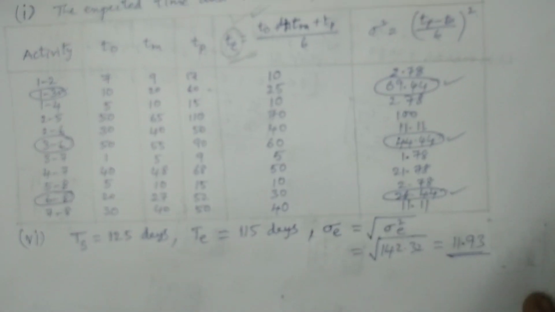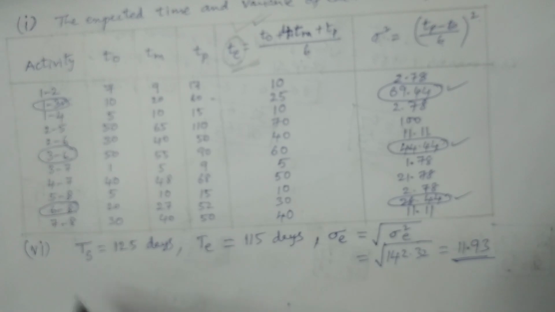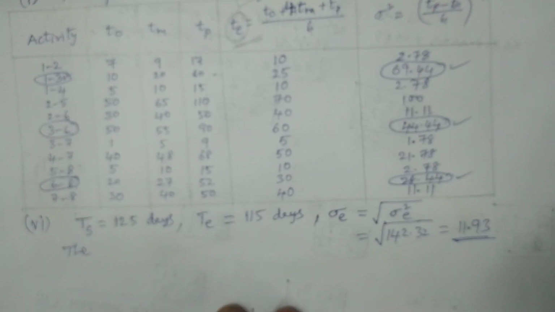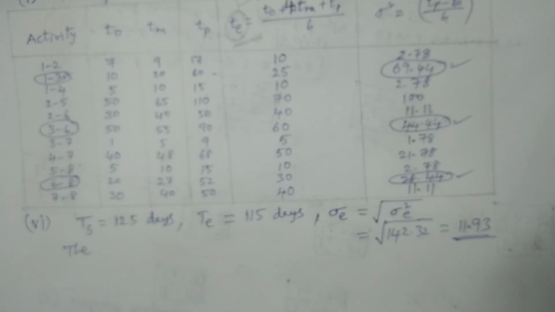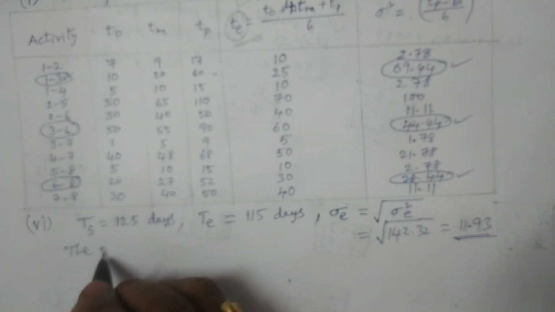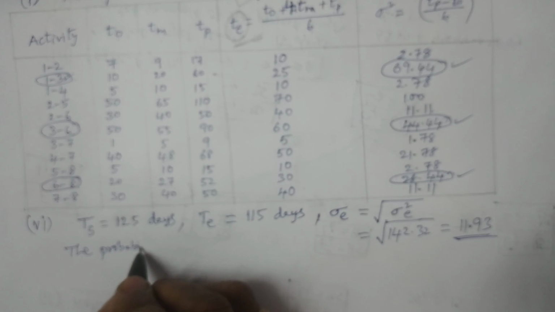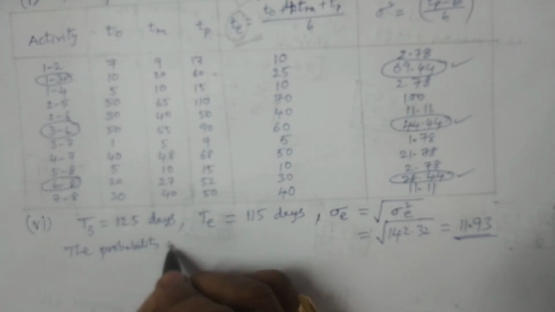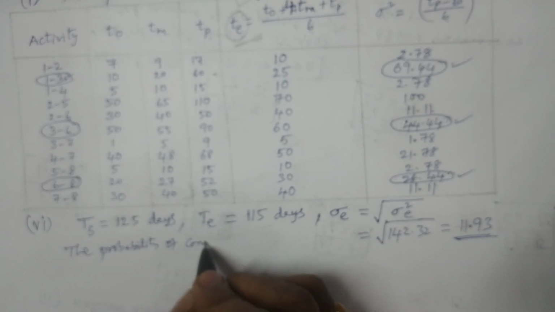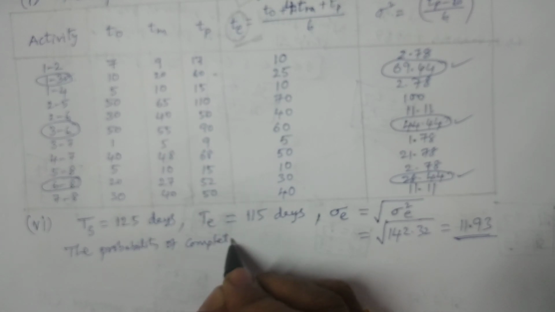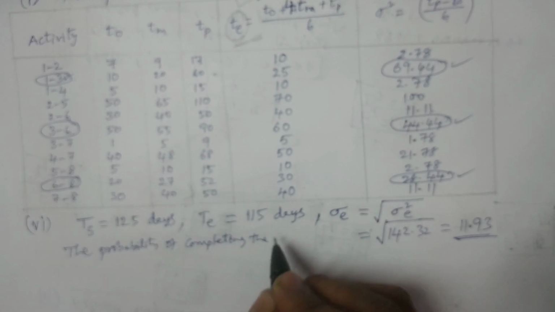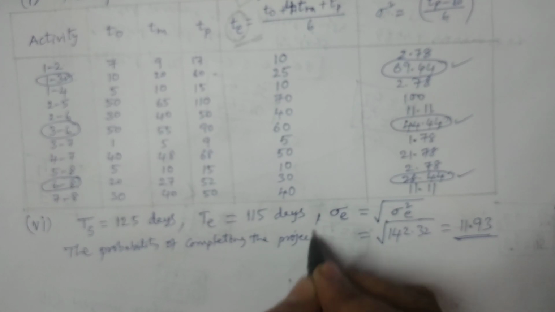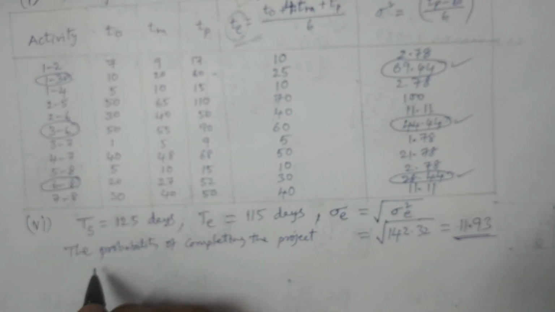Based on these values, now I am calculating the probability of completing the project in the scheduled time of 125 days.